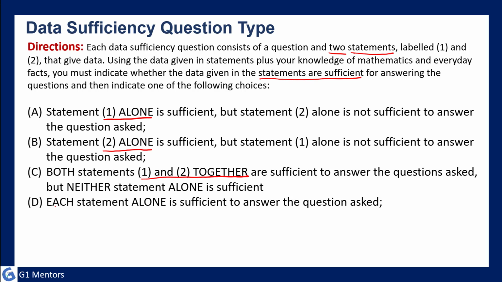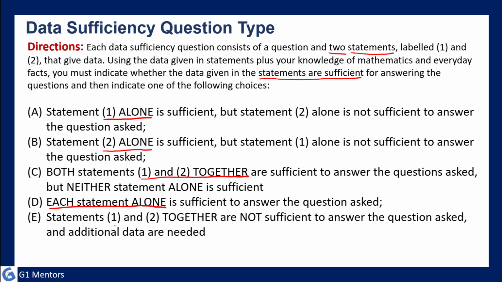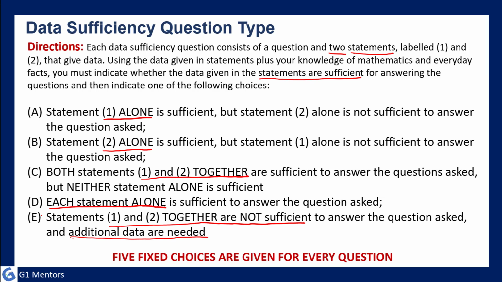Choice D is that each statement alone is sufficient to answer the question asked. If statements 1 and 2 together are also not sufficient to answer the question and additional data is required, then it is option E. As I said, 5 fixed choices are given for every question in this.